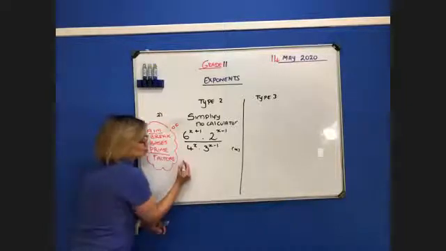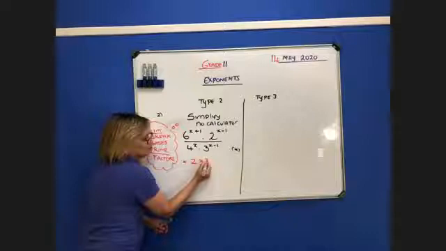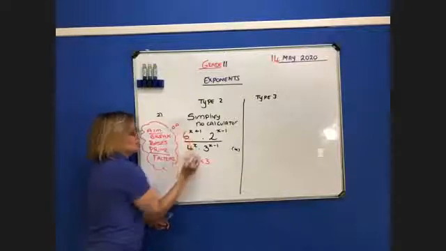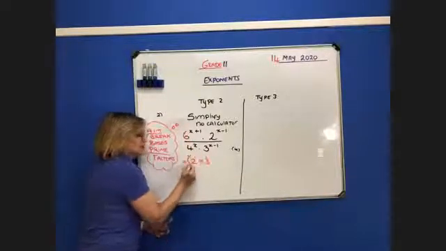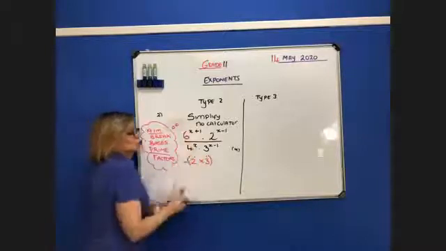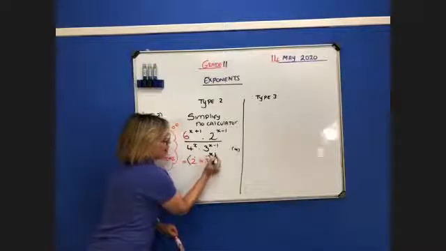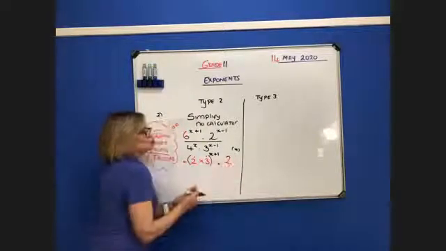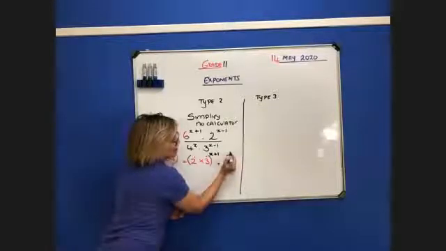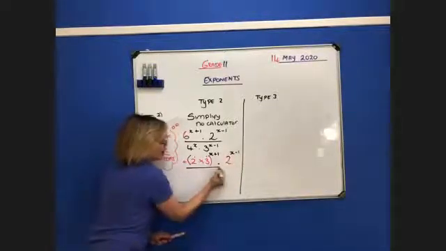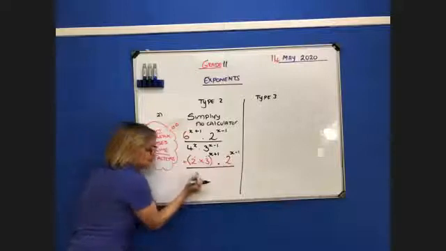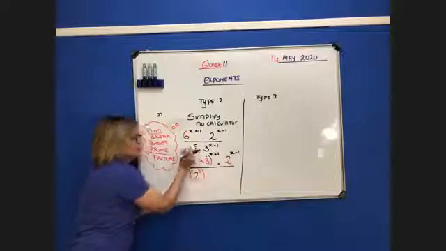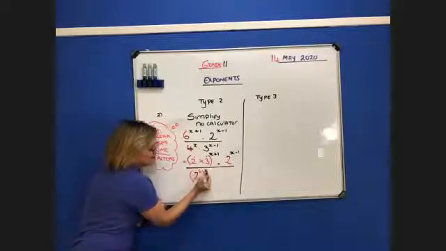So 6, do we agree, is 2 times 3? In a bracket, raised to the exponent of x plus 1, times, well, 2 is prime, so it's just 2 to the exponent of x minus 1, divided by 4. You can make 2 squared, but you're raising the base 4 to the exponent of x.